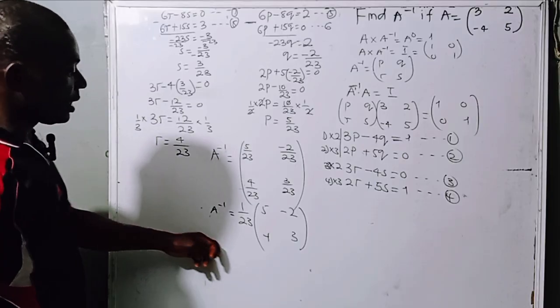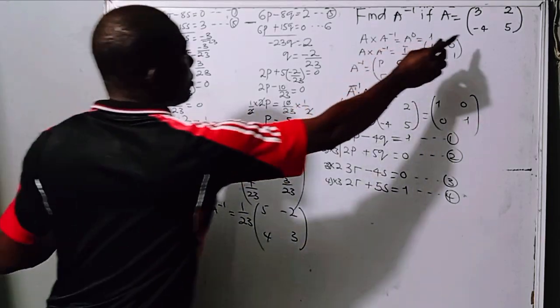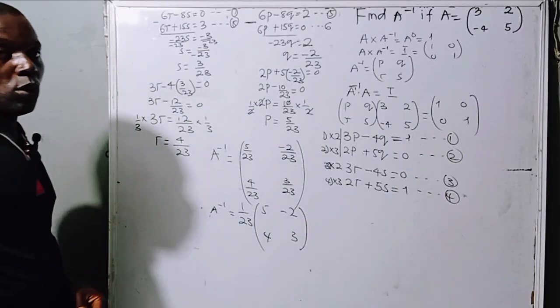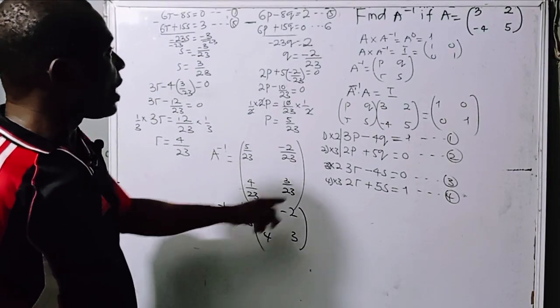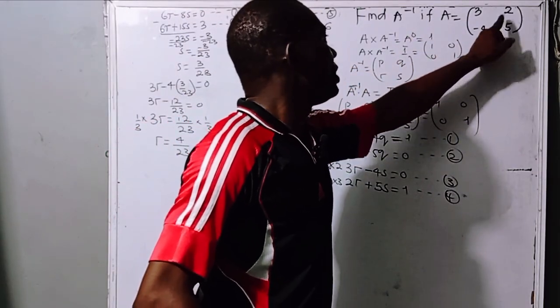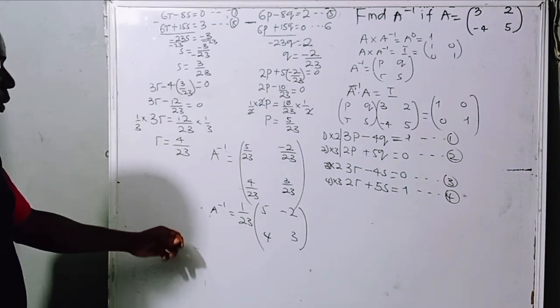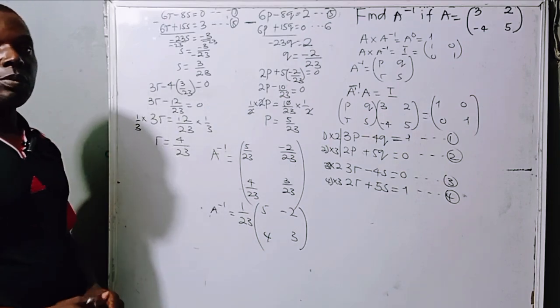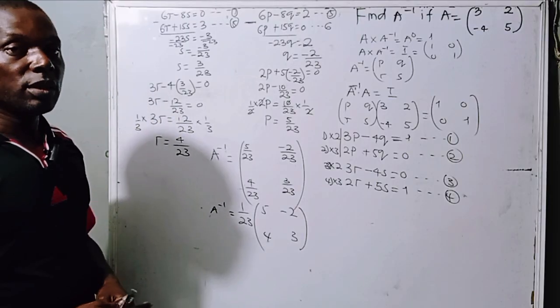So this is the inverse matrix associated with this matrix. You could observe clearly here that just these values interchange, while these others remain but are multiplied by a negative sign. So this is how to obtain the inverse of the 2 by 2 matrix.